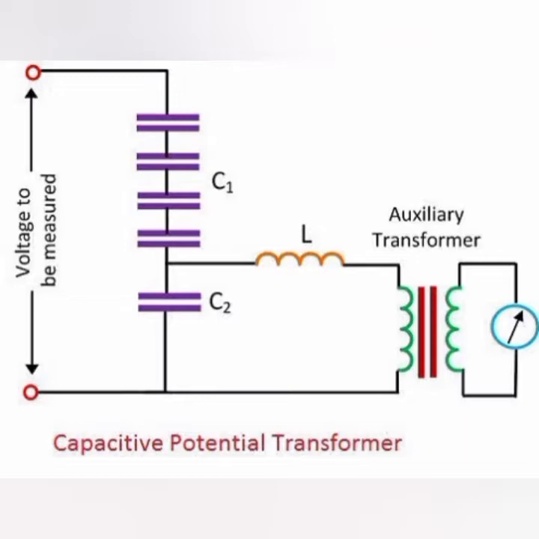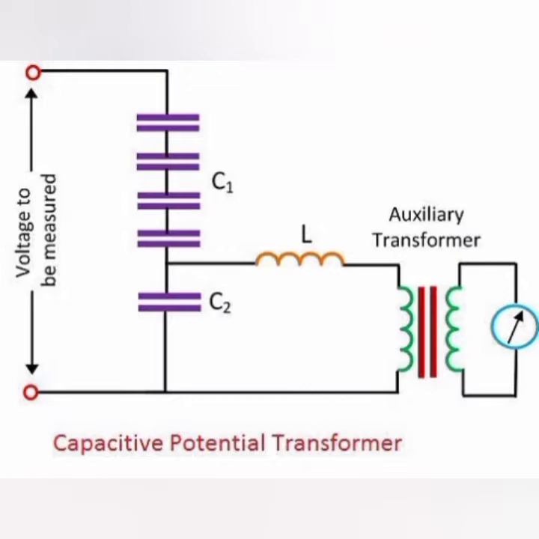If we go to a higher level of voltage, the normal potential transformer will be very much costlier, as the insulation material we are using increases your cost. So in this case we need to use a capacitive voltage transformer. The potential transformer is normally an electromagnetic type.